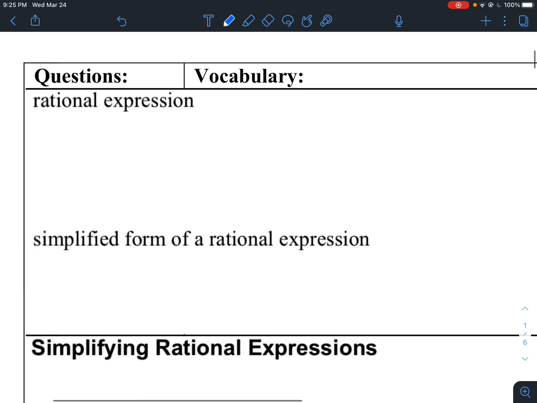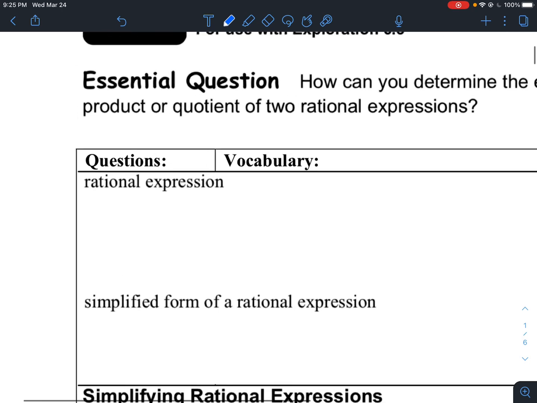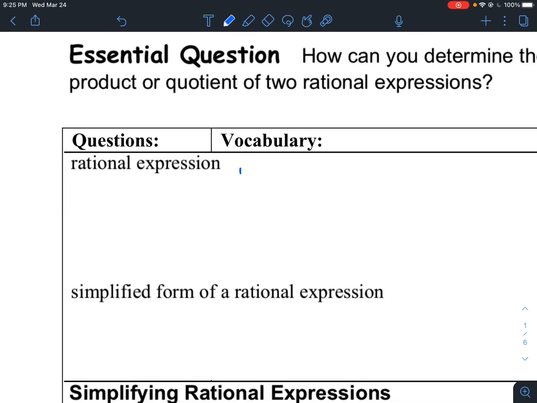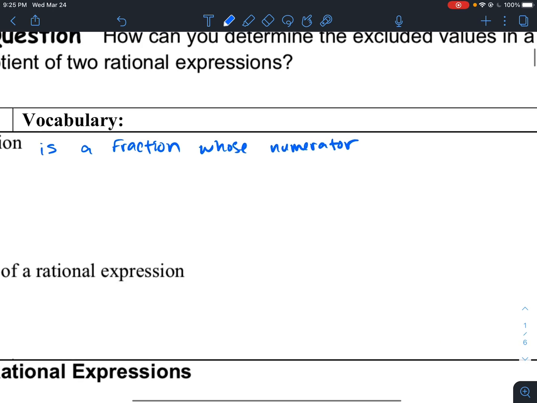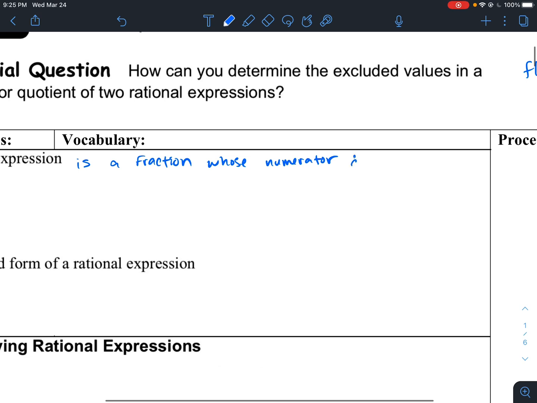So that's pretty much what this definition is. A rational expression is a fraction whose numerator and denominator are non-zero polynomials.